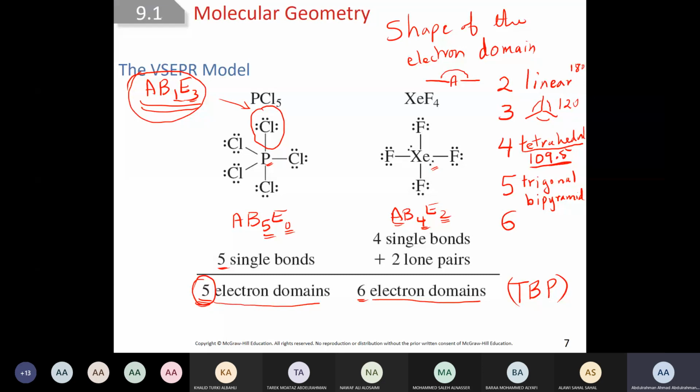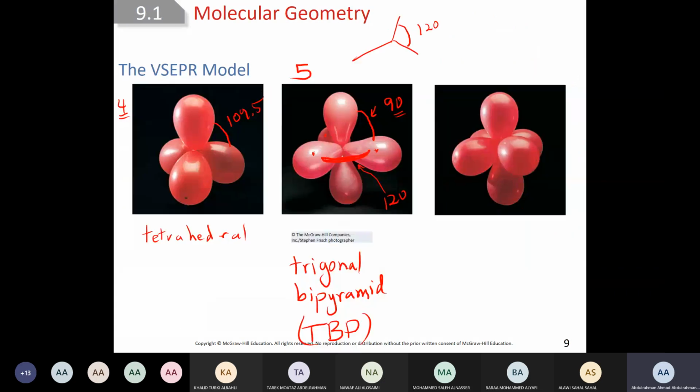Good. Let's go to the last one, which is 6. 6 is called octahedral. Okay? You have to memorize the name. What's the shape of octahedral? This is the shape of the octahedral.